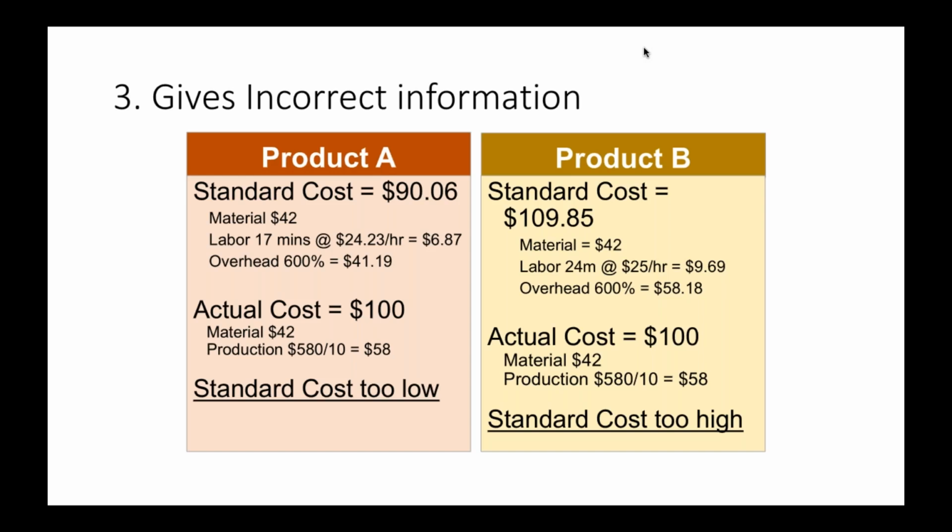But the actual cost, because you can make 10 units an hour, is still the same. So the incorrect information is that you're looking at products that flow and probably are very similar in nature, yet their standard costs are wildly different.